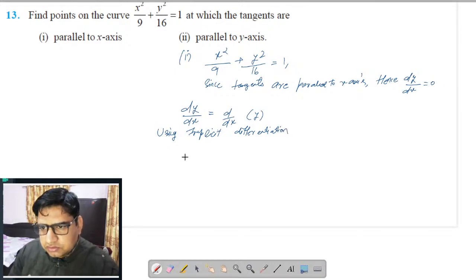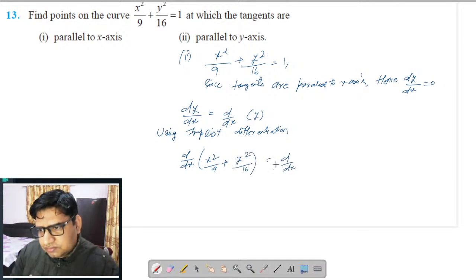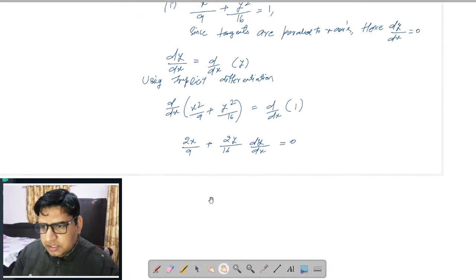So it will be dy by dx of x square by 9 plus y square by 16 is equal to dy by dx of 1. This will be 2x by 9 plus 2y by 16 dy by dx is equal to 0. From here, as you can see, the 2 will get eliminated.